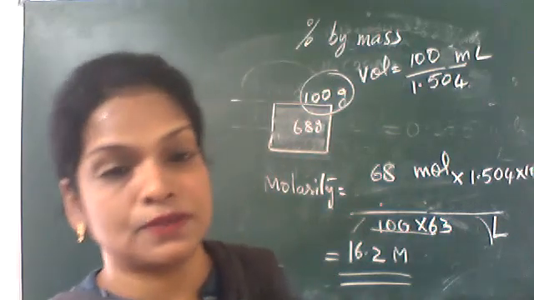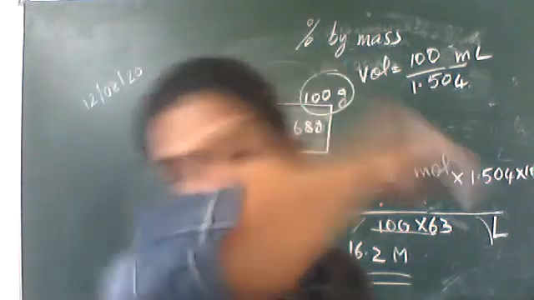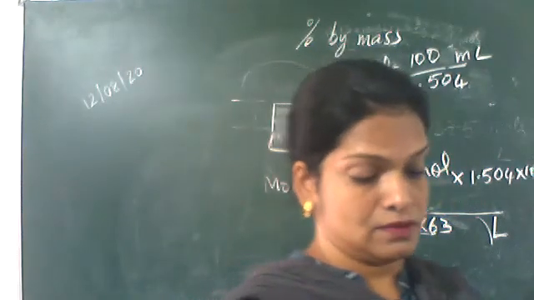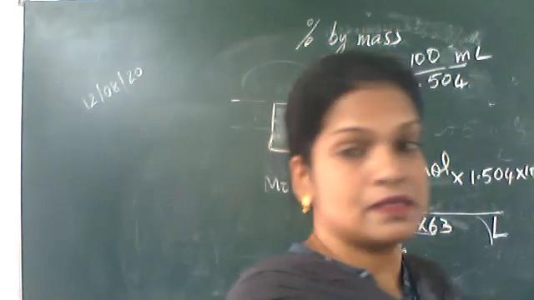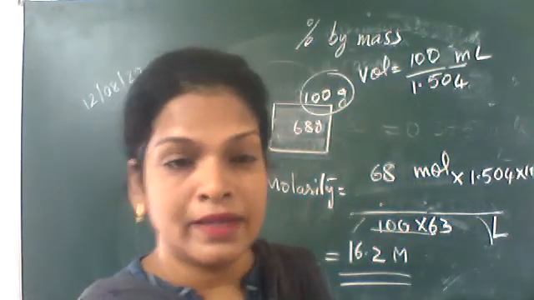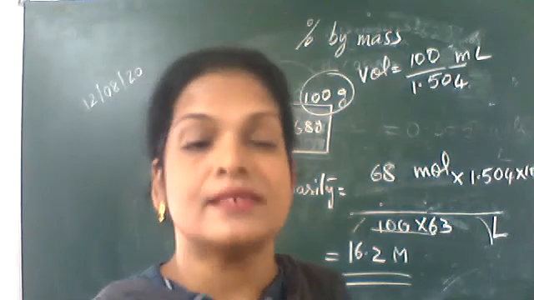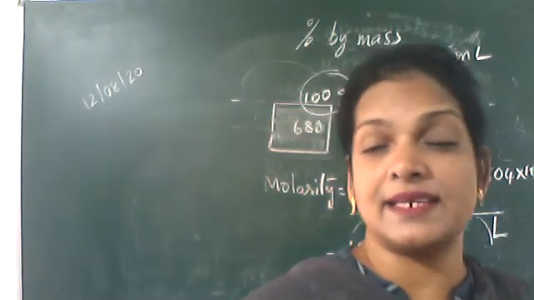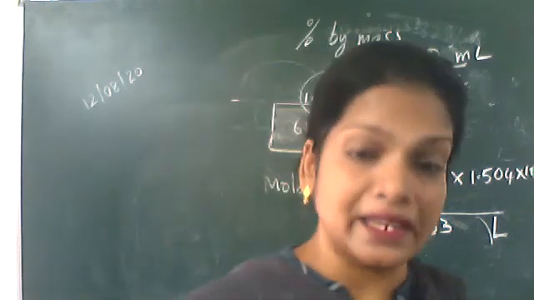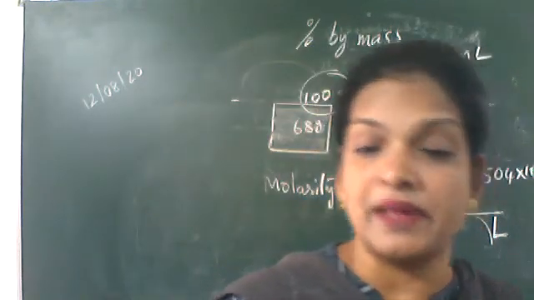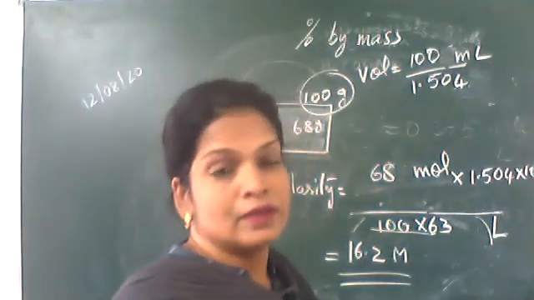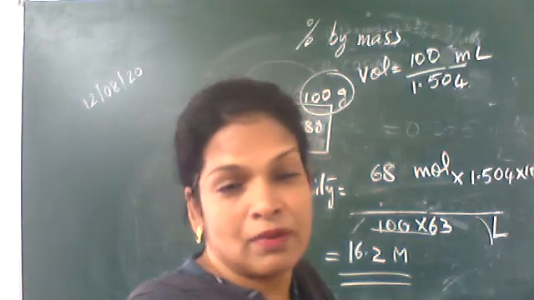Put that in a box. 68% means in 100 gram solution, 68 gram solute. Not the moles. For moles, again you have to divide that 68 gram by 63 grams per mole. So that is note number 1.